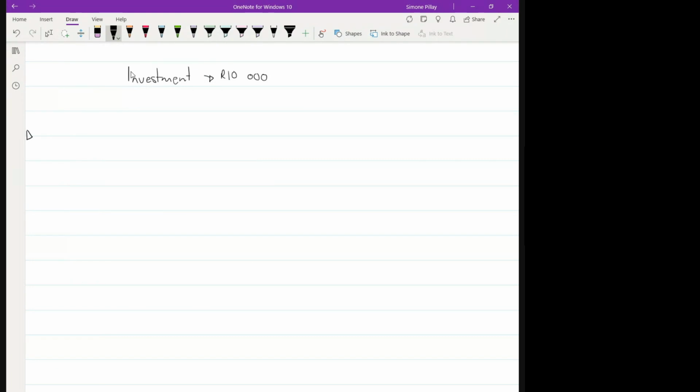And the bank tells me they're going to give me interest at 12% per annum. And then they say they can either give me this 12% per annum in simple interest or they can use compound interest.